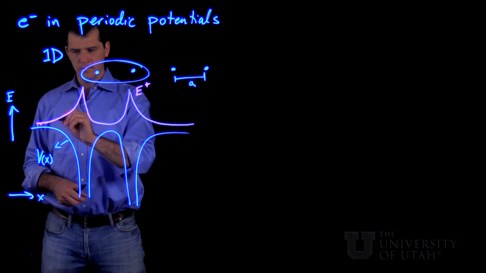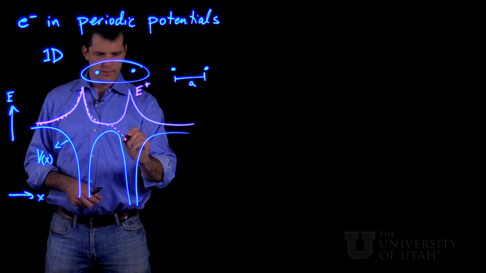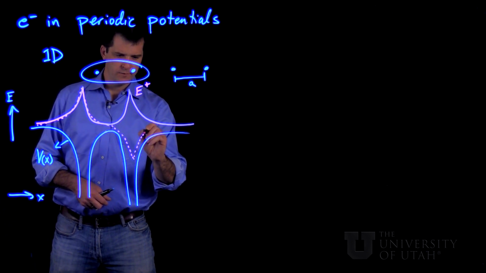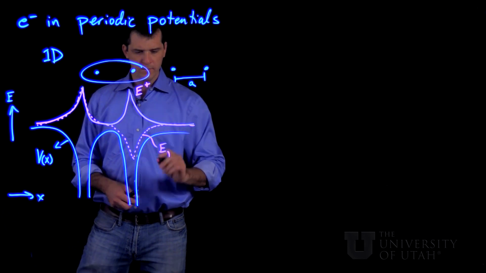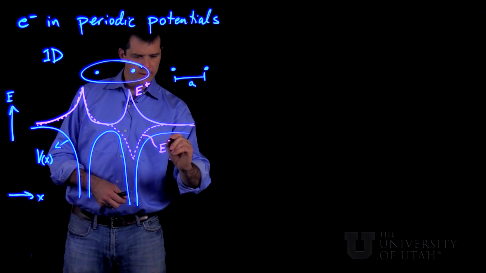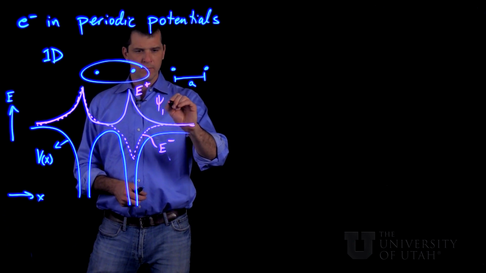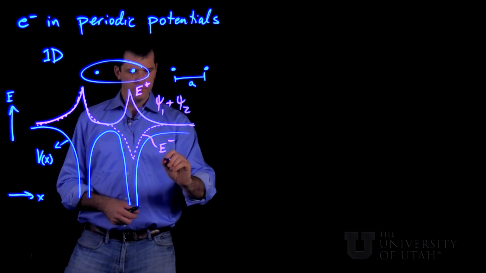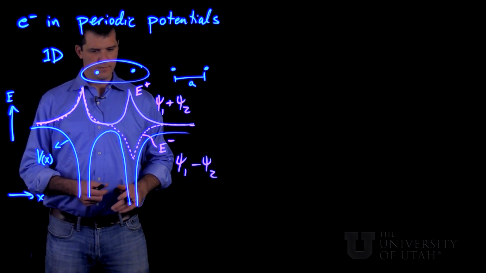And then we can draw another solution where instead of adding these two things with a positive sign, we might add them with a minus sign. So this one would be like psi 1 plus psi 2, and this one is psi 1 minus psi 2.